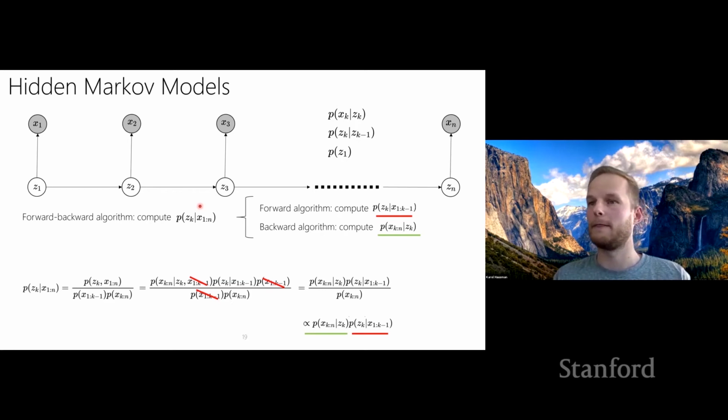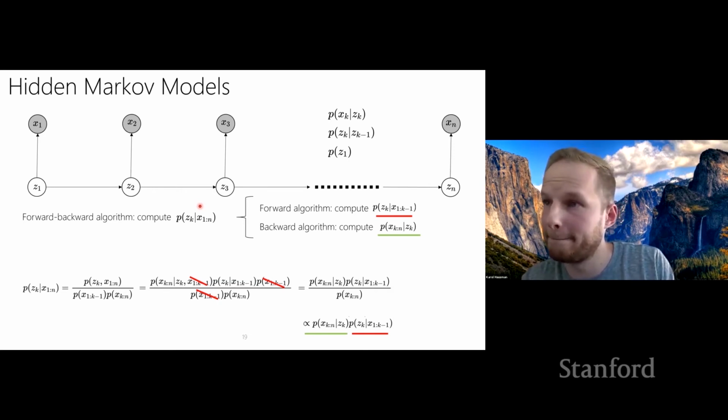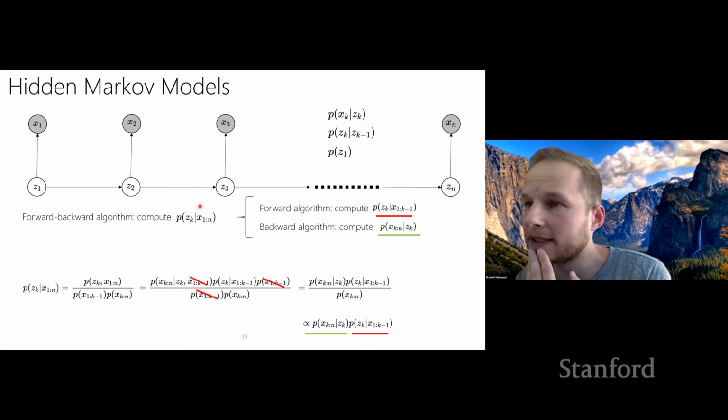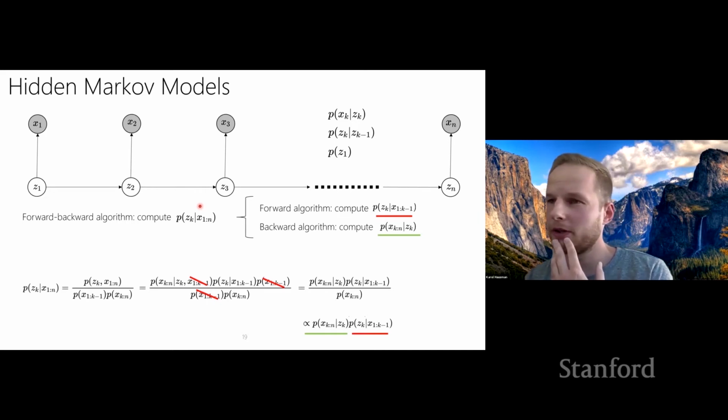There's a question in the chat asking about the arrow from z to x, whether it should be from z to x or from x to z. Shouldn't there be an arrow x_n to z_n? I'm not sure I understand the question.